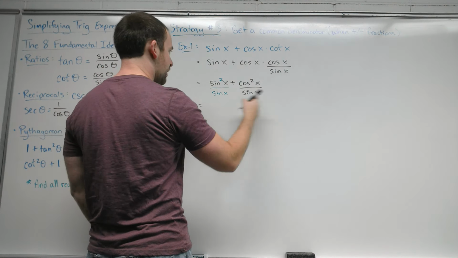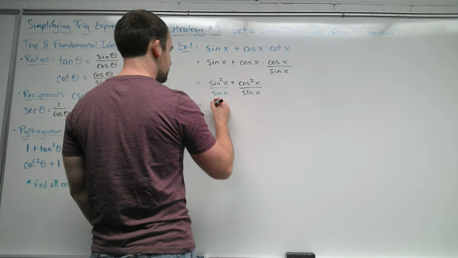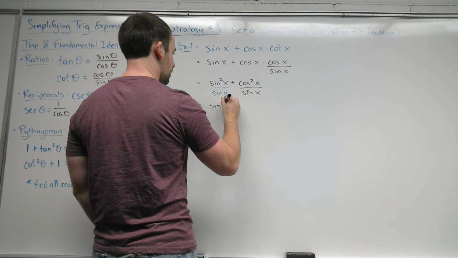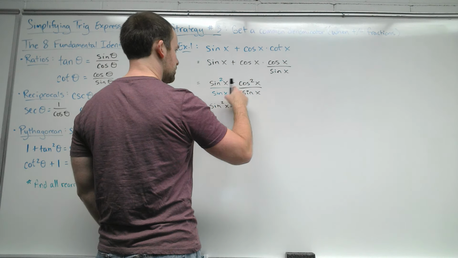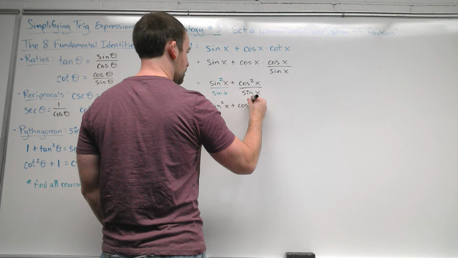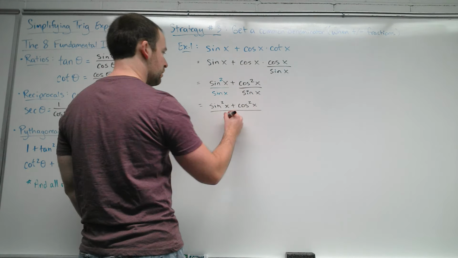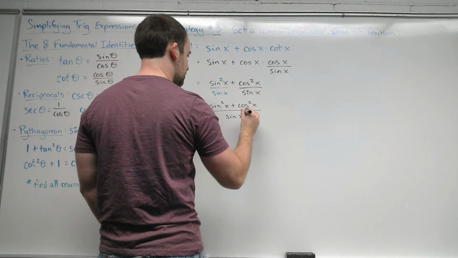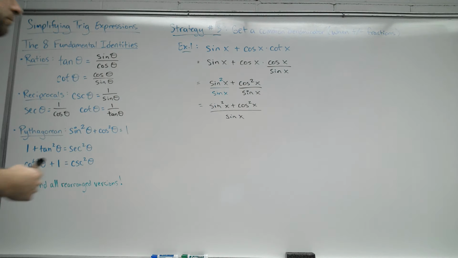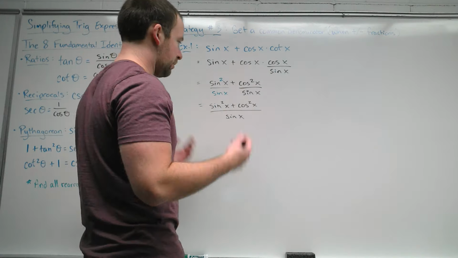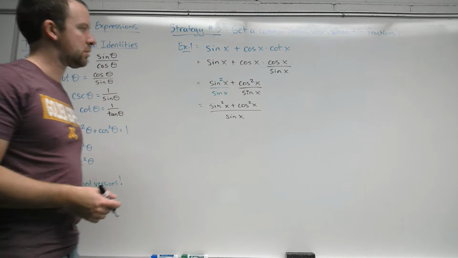I can add these two together. On top, I'm going to have sine squared plus cosine squared over my common denominator, which is sine of x. And it might look like we haven't gotten very far yet, and it might look like, well, where do I go from here?